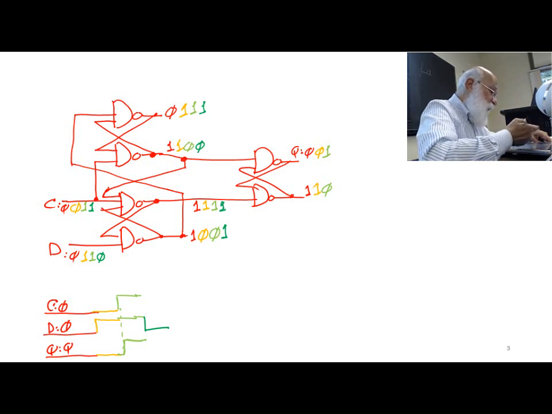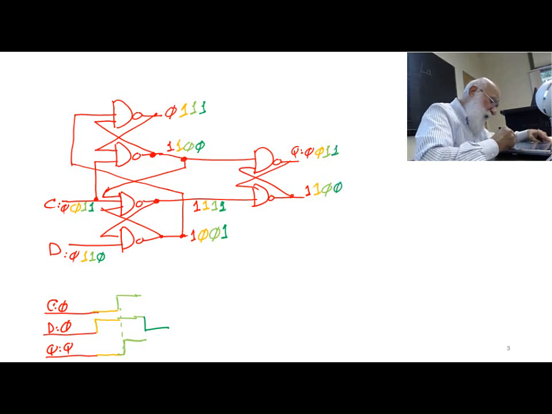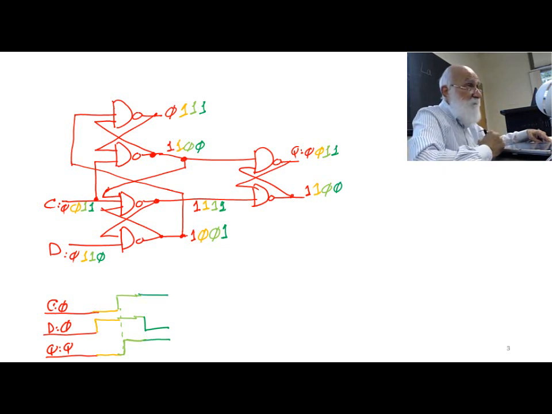Now let's look at the output. Well, the output structure hasn't seen a change, and therefore this remains 1, this remains 0. And therefore, by this change, nothing really happens. You're beginning to see what is happening, but let me change a few more values, and then you see exactly what happens.